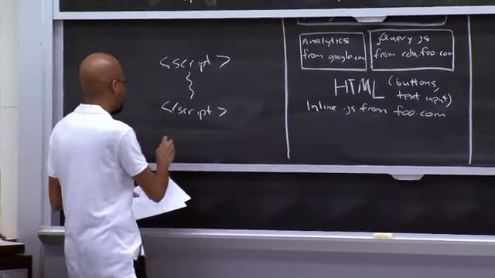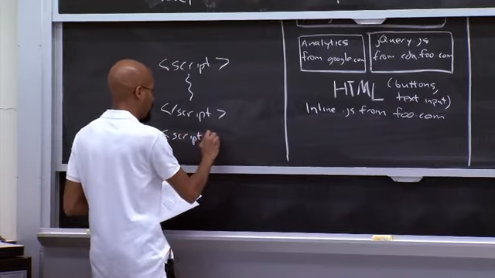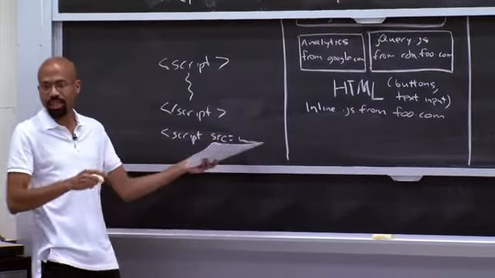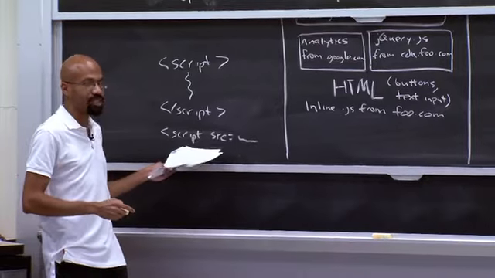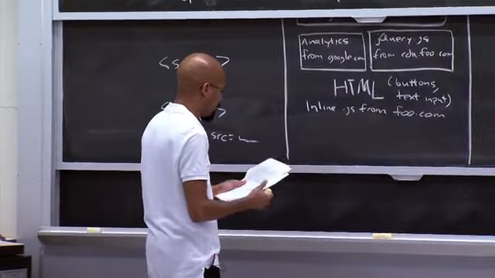That's as opposed to where you say something like, script, and then the source equals something that lives on some server remotely, right? So this is what's called inline JavaScript. This is what's referred to as an externally defined JavaScript file. So you might have some inline JavaScript there from foo.com.